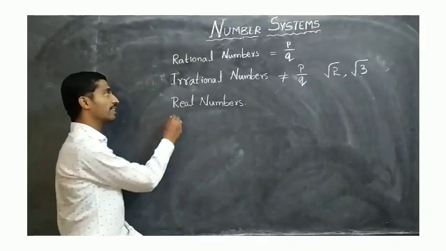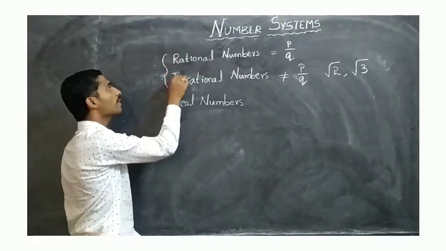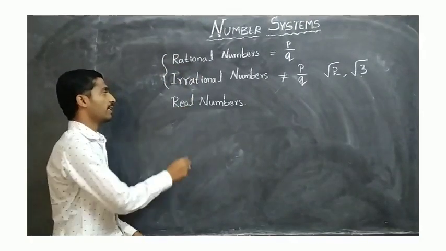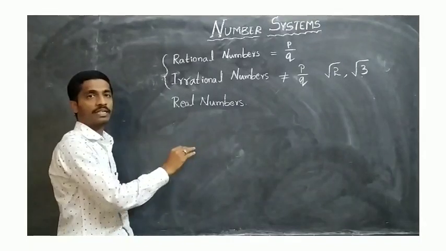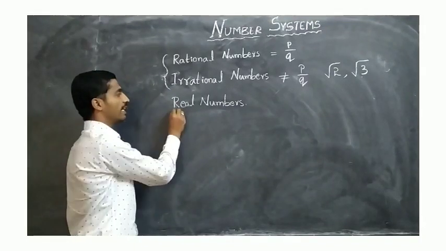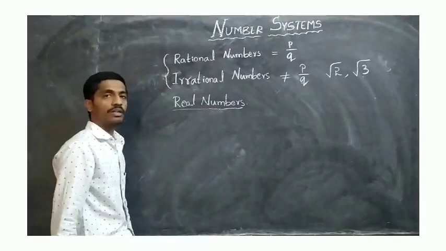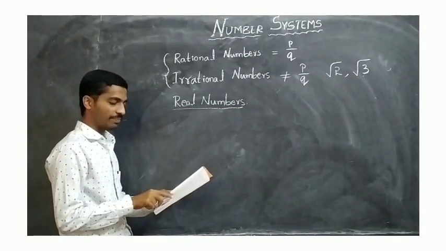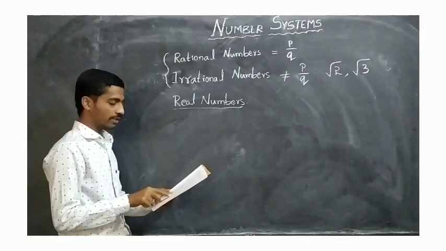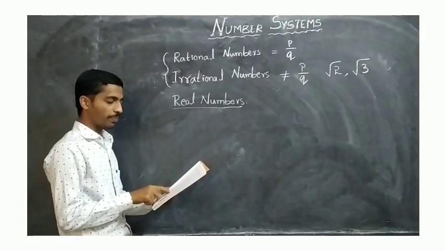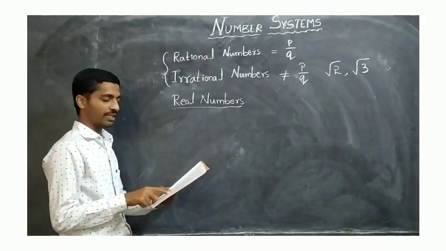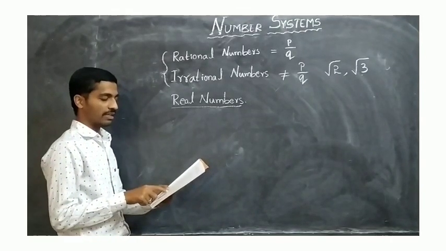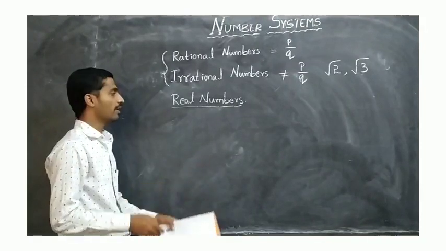Real numbers are nothing but a combination of rational numbers and irrational numbers. So the whole number system is what we call real numbers. In your textbook it is given that every real number is represented by a unique point on the number line, and every point on the number line represents a unique real number. This is why we call the number line the real number line.